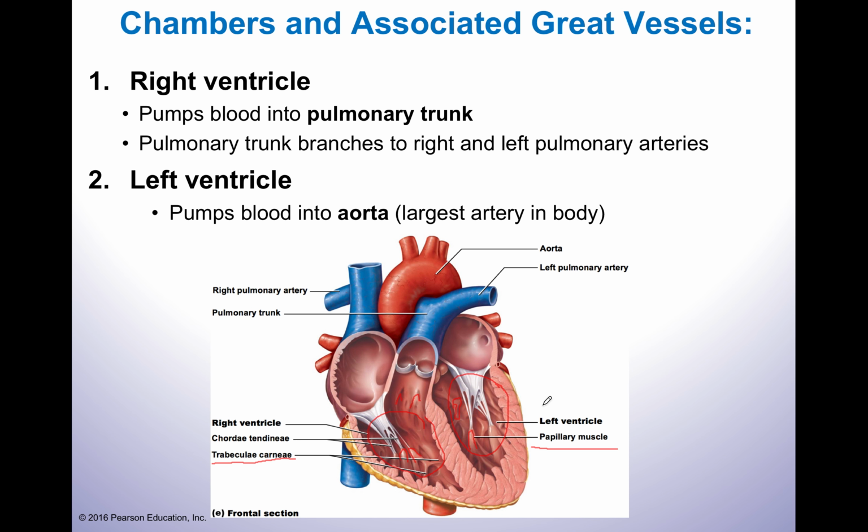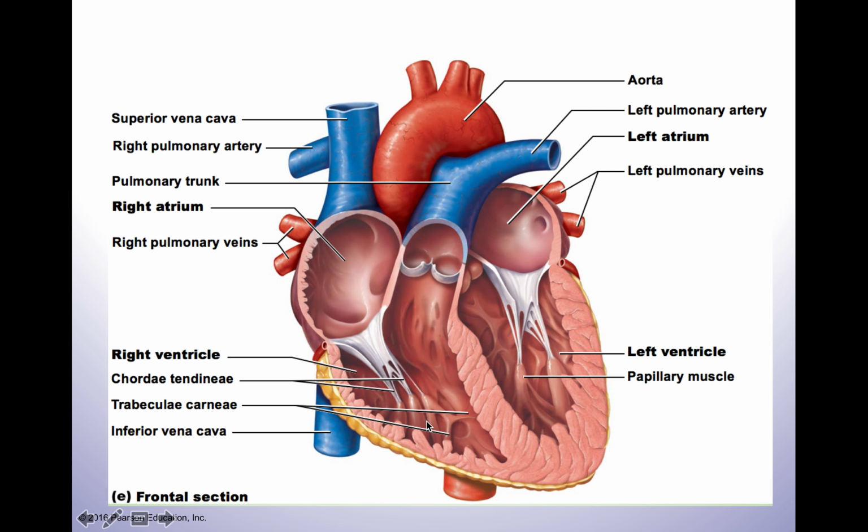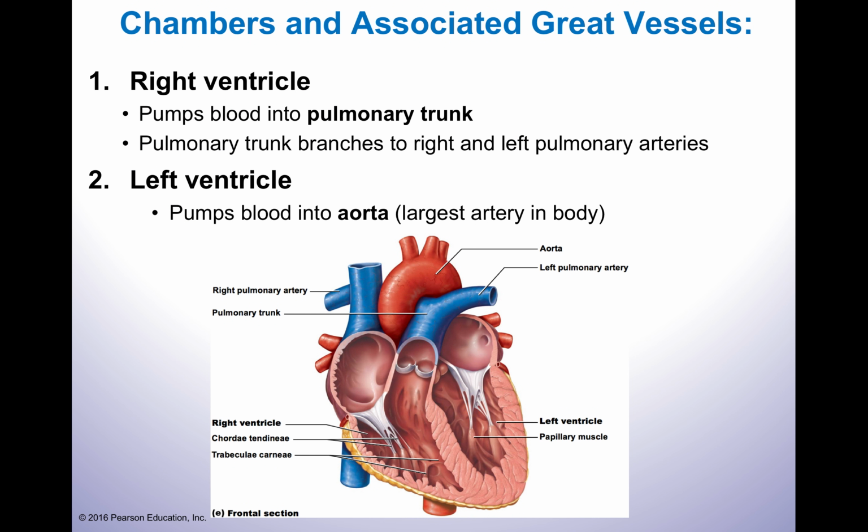And what they are holding is these strings you see right here, right here, right here, and right here. These are the strings called chordae tendineae. Their job is to hold these structures you see in white, which are basically the valves we will discuss in a few minutes. Now, what are the blood vessels that are associated with the left and right ventricle?